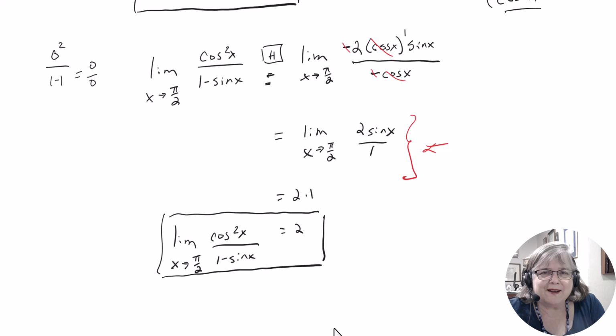I don't know how I make mandatory a certain number of steps, but what I can tell you is that if you go straight from here to here, and I see no steps in between, and for some reason, unbeknownst to me, you came up with a -2, I'm not going to be able to figure out if you knew that there were negatives in the first place. I don't know if you remember to put this one in there. I don't know if you dropped that one off by mistake. I don't know where the error is.